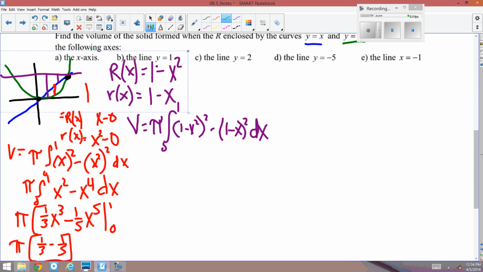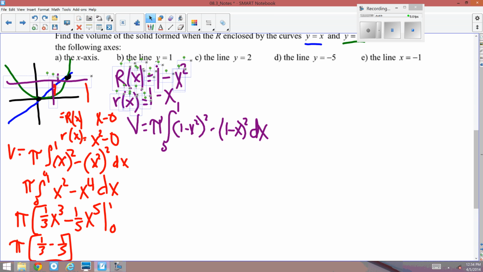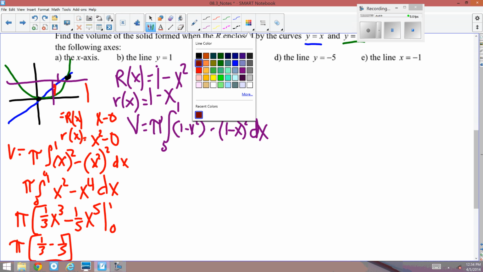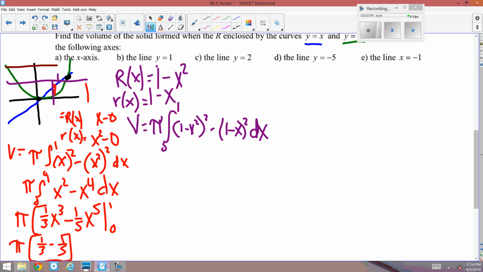For this one, y equals 2. What would change in this case? What would change in this case is our axis of rotation. Okay, let's pick a different color. It'd be y equals 2 over here. So my big radius is going to be now 2 minus x squared.